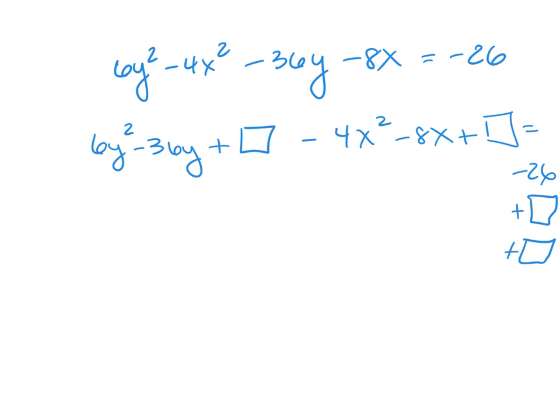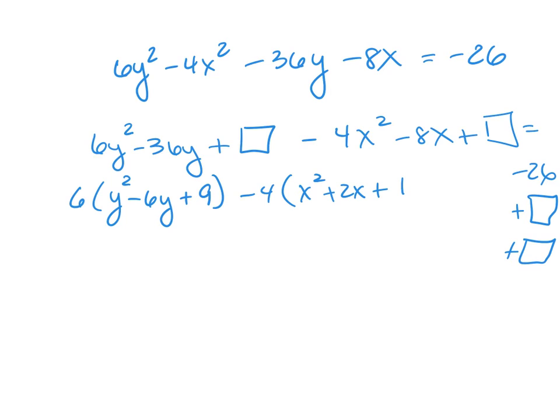So before you can complete the square, you've got to pull out that 6. So that's 6 times y squared minus 6y plus 9, and then minus 4 times x squared plus 2x plus 1 equals negative 26.